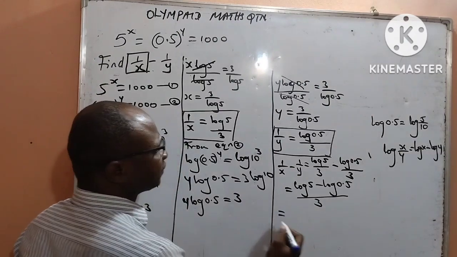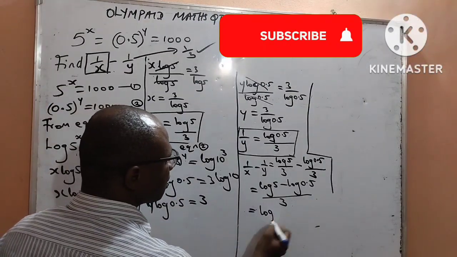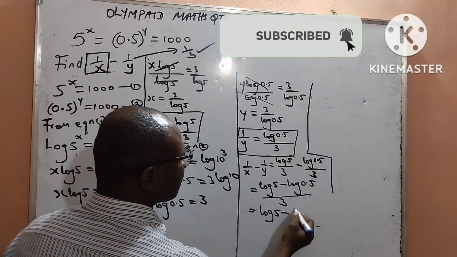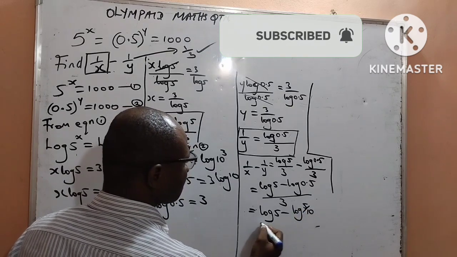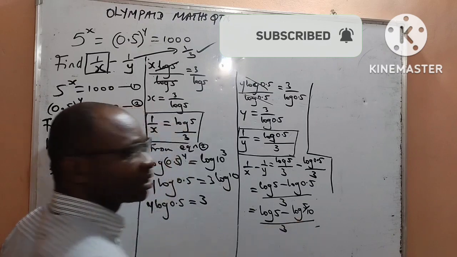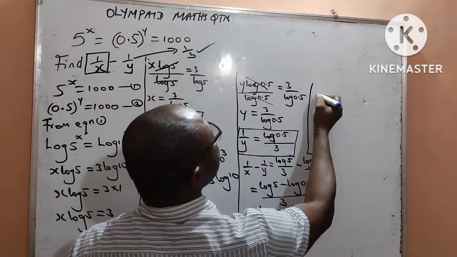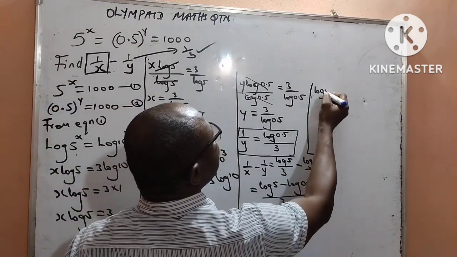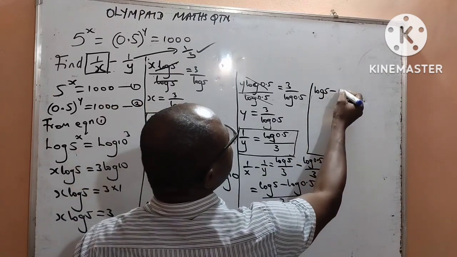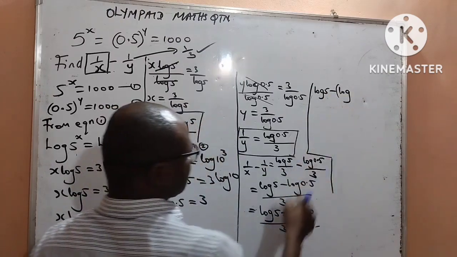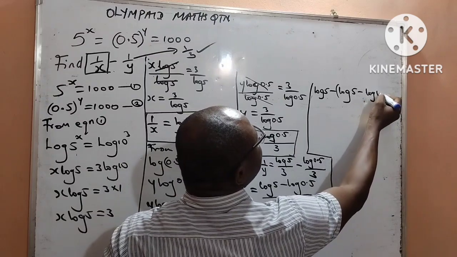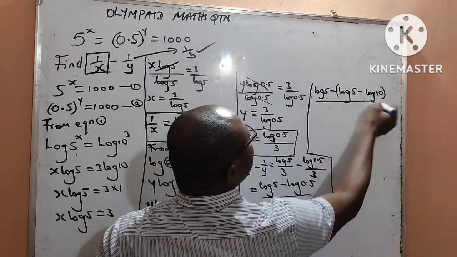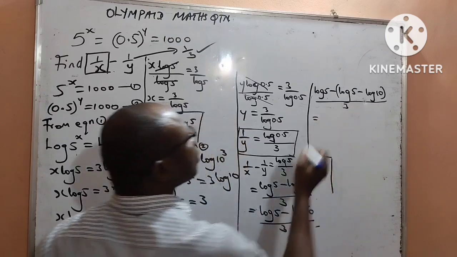So I shall now have log of 5 minus log of 5 over 10, everything divided by 3, which now will be log of 5 minus, in the bracket, log of 5 minus log of 10, everything divided by 3.